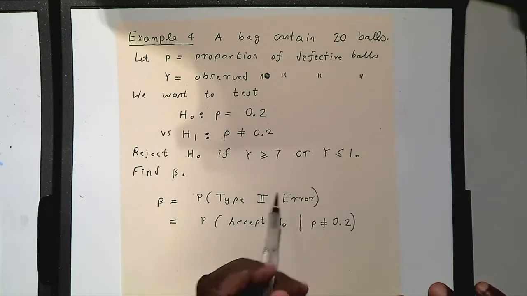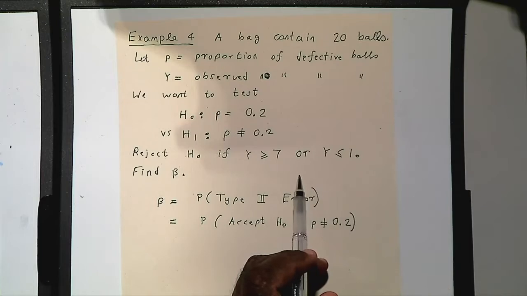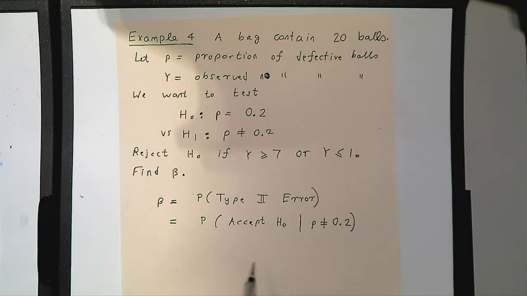Now this is the rule for rejecting the null hypothesis, right? So what's the rule for accepting the null hypothesis?